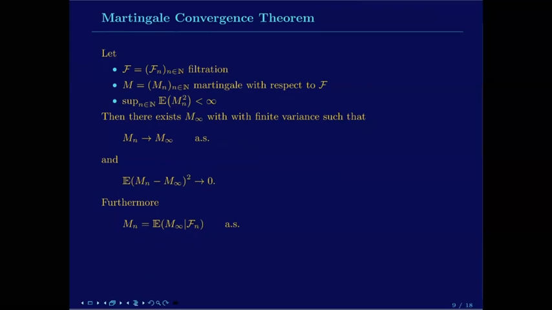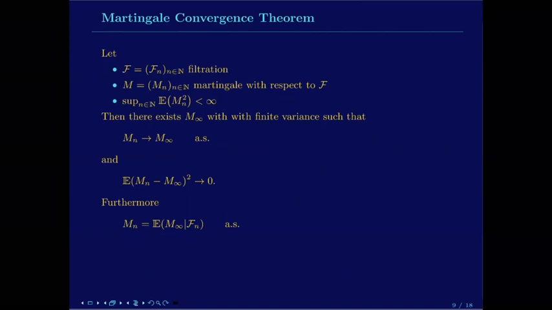There we started with a random variable. Here we now call it M infinity. And we generate the martingale. And we can also, vice versa, find this random variable X such that the conditional expectations of this random variable are, again, our stochastic process, provided that we have a few additional assumptions.